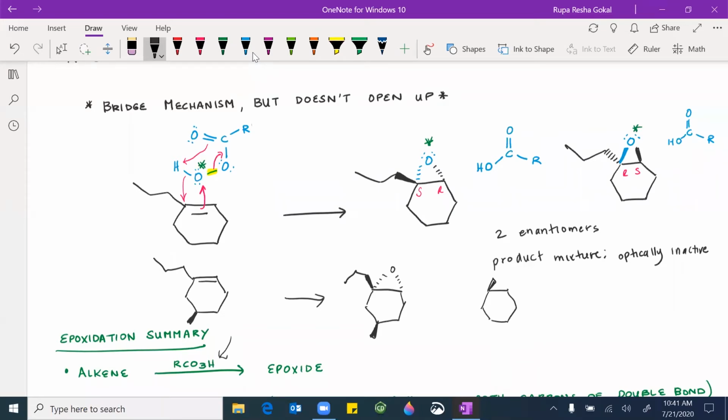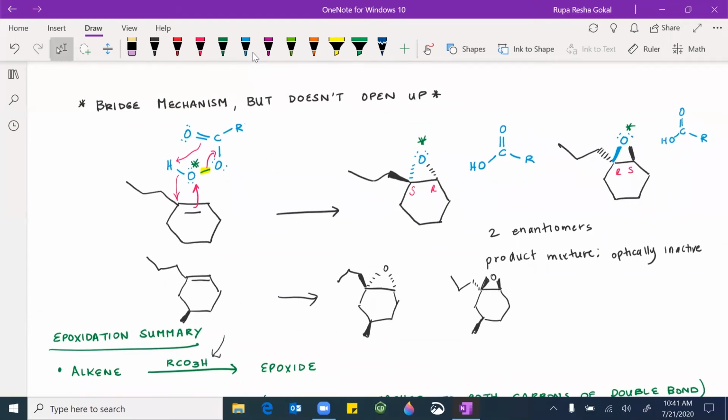Or I could have the oxygen on the top face, which would push the propyl away from me, right? Still does not affect this existing chiral center. So now I have a mixture of two diastereomers. I don't have the opposite configuration at every chiral center. I have some that are opposite and some that are the same. And so my product mixture now is optically active.